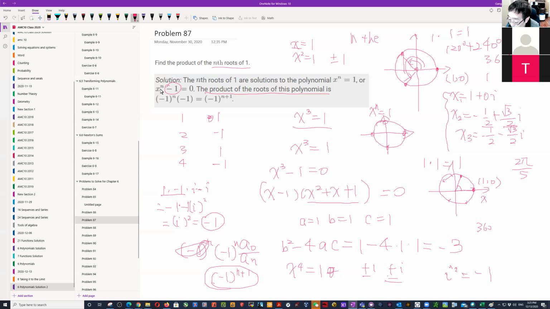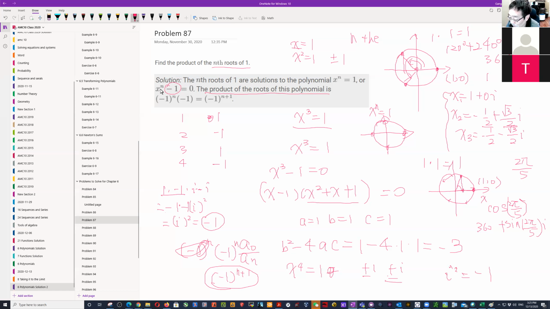Then if you are familiar with the unit circle, you have to use a lot of trigonometry functions. The x-axis is cosine 2 pi over 5, plus sine 2 pi over 5 i.